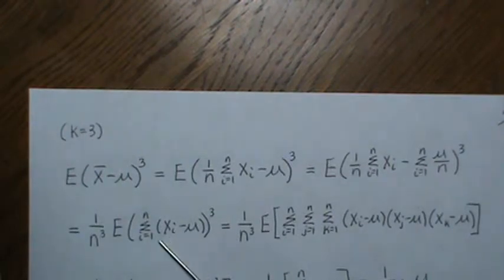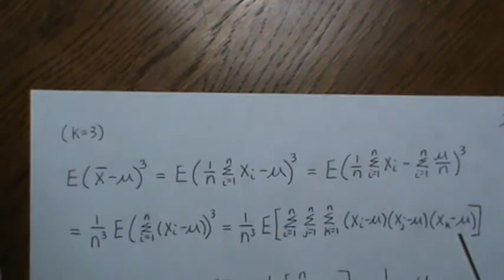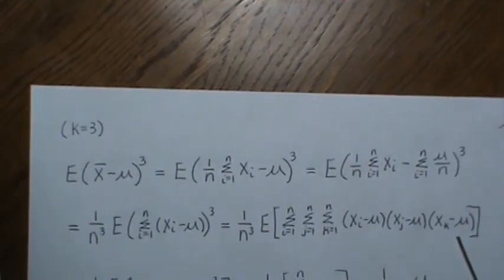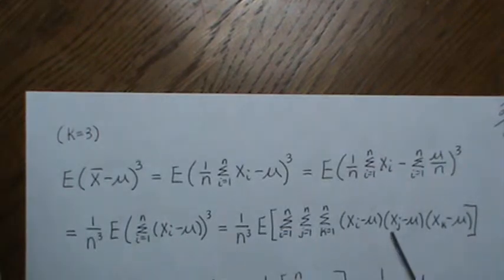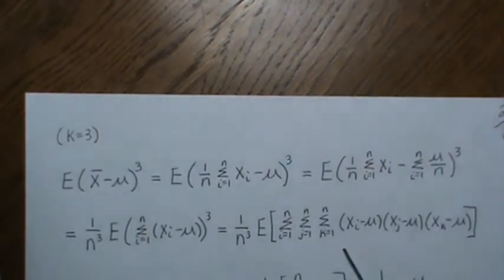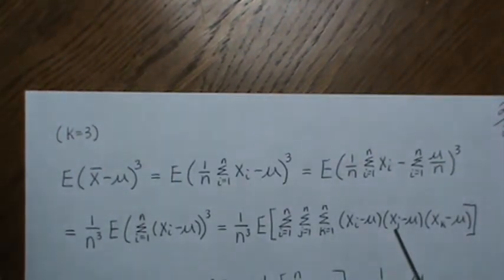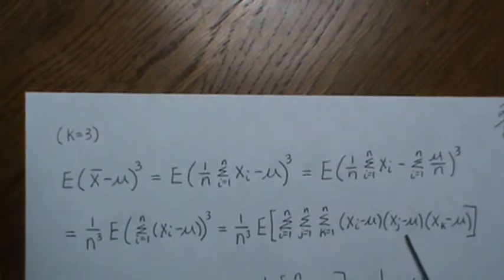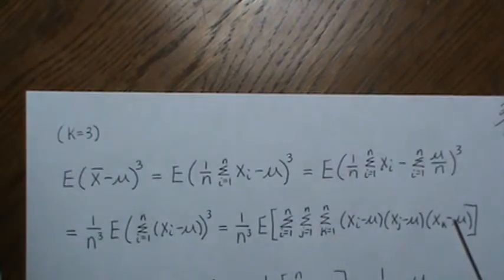So we multiply it times itself 3 times, and that's what we get here. Now the interesting part is when any one of i, j, and k are different, this is 0. So these could be the same value, but this is different, and then we have the expected value of this times the expected value of that, but this is 0.